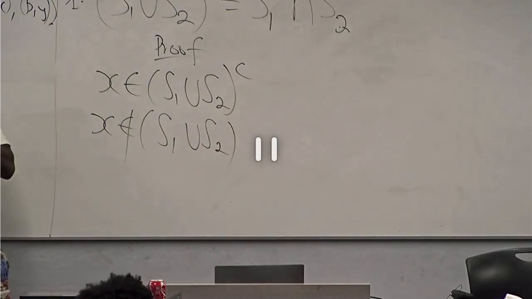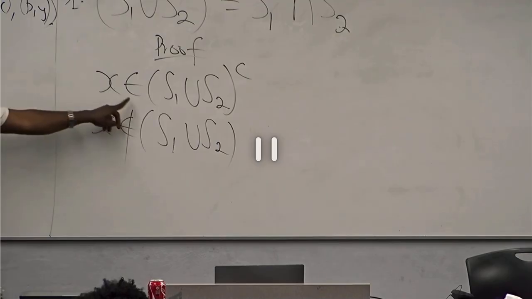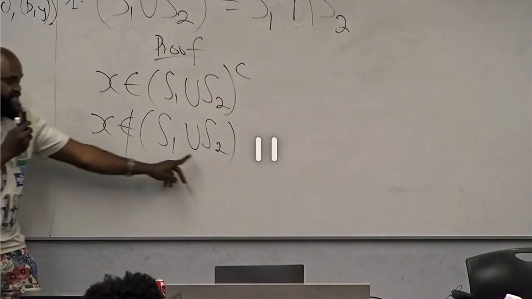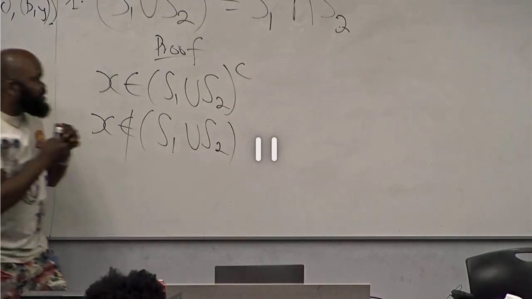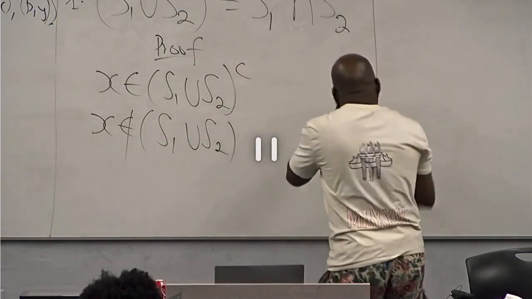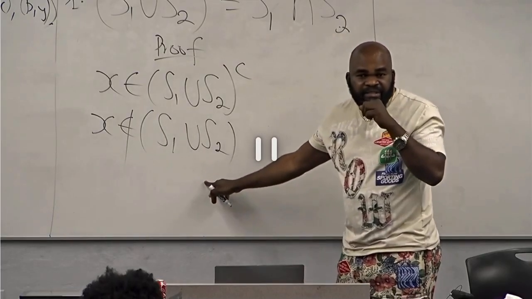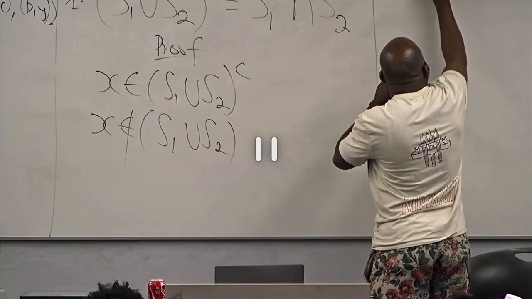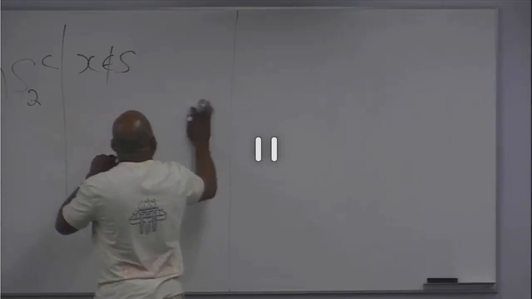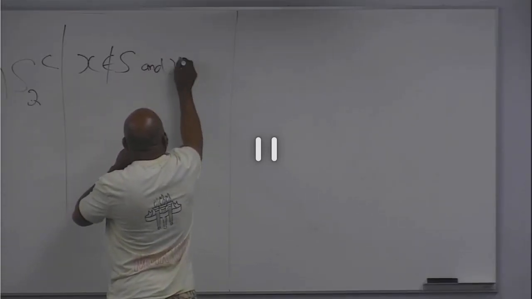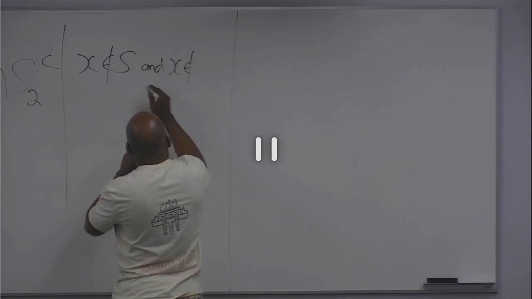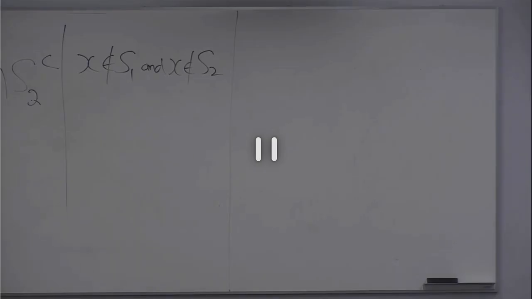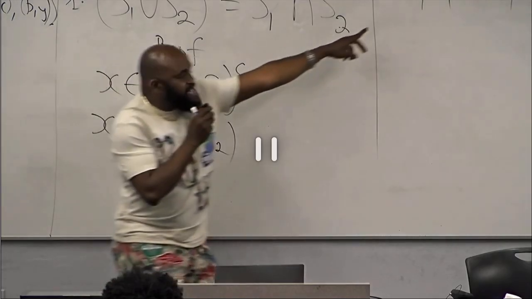Do you see that? If S does not lie in that, if I want to interpret this, I'm going to write X. That means I have this guy for this, and this guy for this, because this guy actually means that guy.